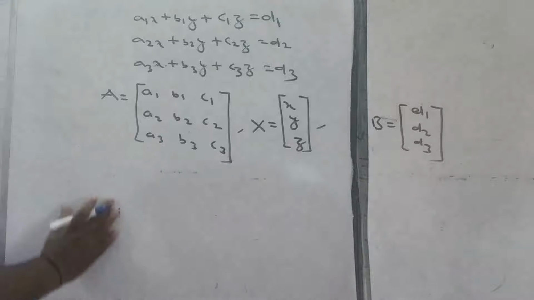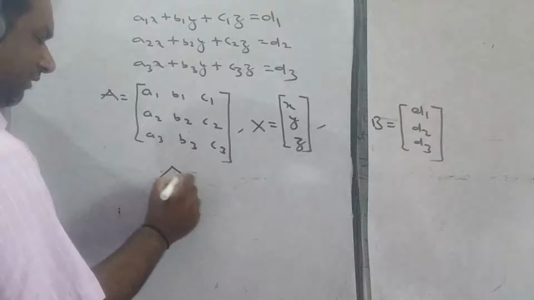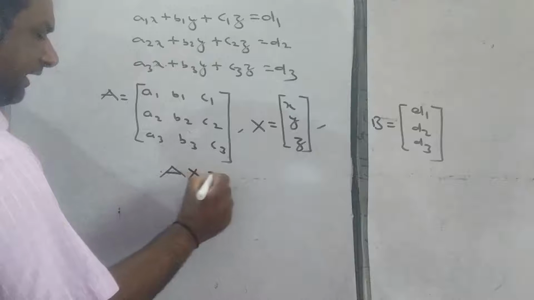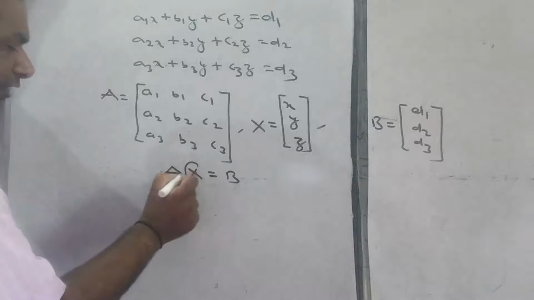Now, what are the steps to solve the system of linear equations? Before that, you can see easily that if you multiply A by X, then we get B. AX is equal to B. So, how can you find the value of X?